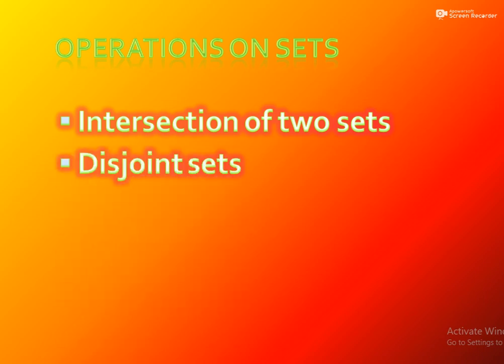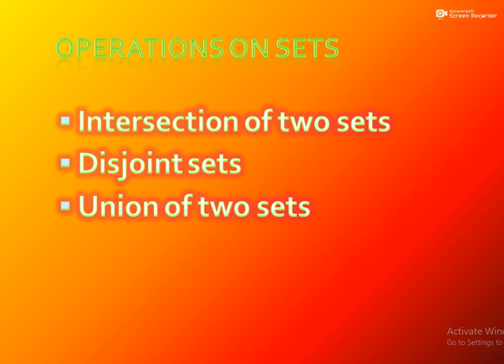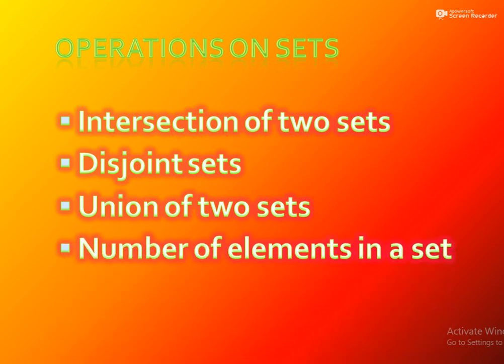The next one is disjoint sets. The third one is union of two sets. And the last one is number of elements in a set. So today we are going to discuss these four topics.